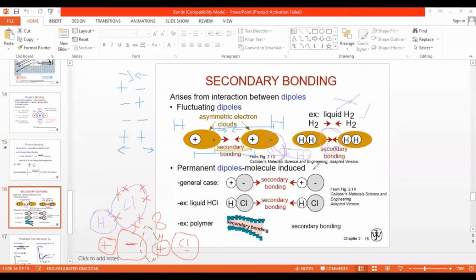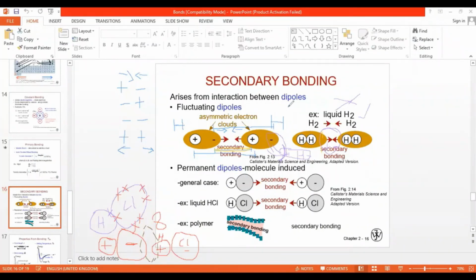Permanent dipole. So why is this permanent and this temporary, fluctuating? Room temperature and pressure are enough for this HCl to be in the liquid state, right? Room temperature and pressure are enough. But in this case, they are not enough, and we need to give some additional conditions so that they will acquire that liquid state, right?